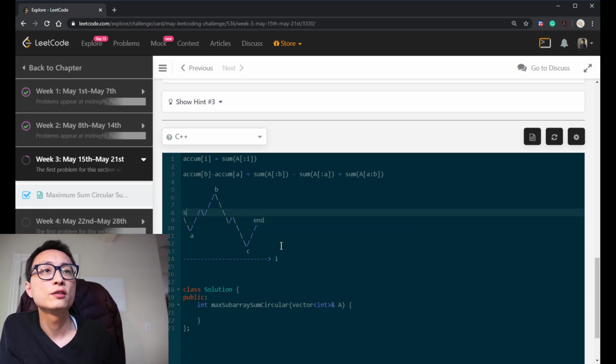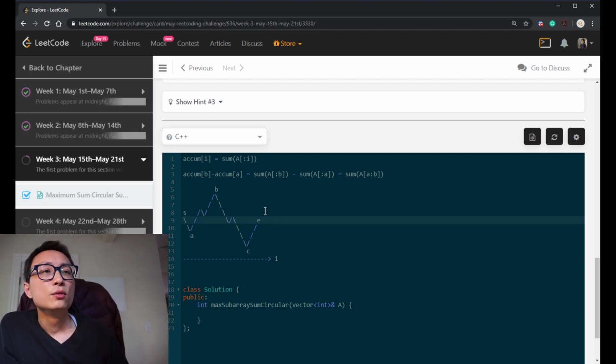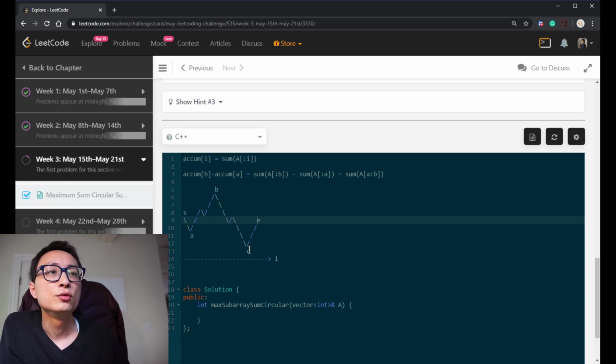Let's call them E and S, the end point and starting point. This is the case where the regular maximum subarray sum, Kadane's algorithm, will fail, because it couldn't resume from E and consider these upward trends here.